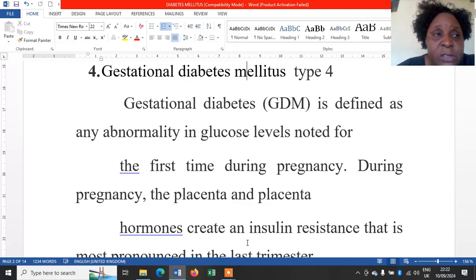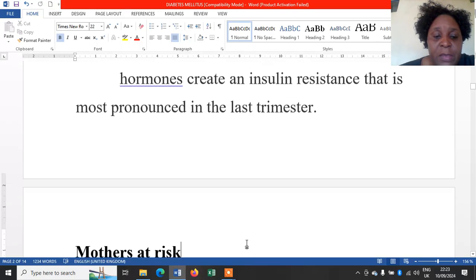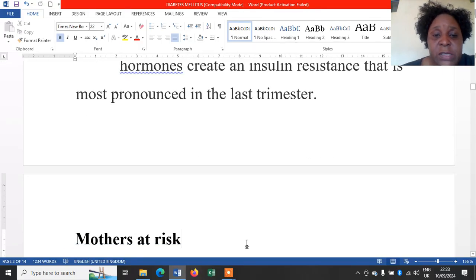The patient is not reporting any history of DM, but it is coming in when she is pregnant. And this is due to some physiological factors of pregnancy. And this is what we call diabetes mellitus type 4. They are saying it is most pronounced in the last trimester.